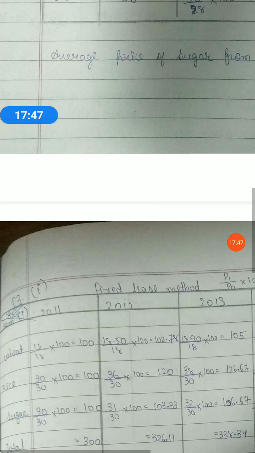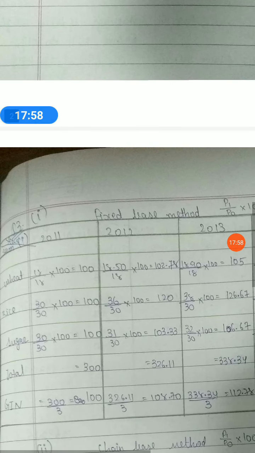Right girls, for the wheat, see the 18 upon 18 into 100, so 100. For this same year 2011, the price of rice is given 30. We have to take the base year 2011, so 30 upon 30 into 100 is equal to 100. For the sugar, 30 upon 30 into 100 is equal to 100.